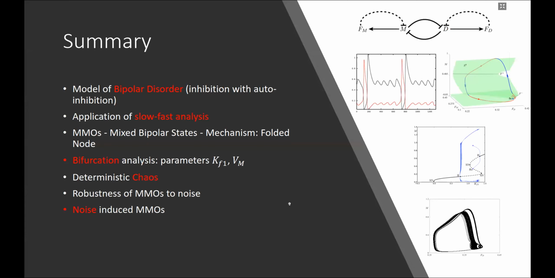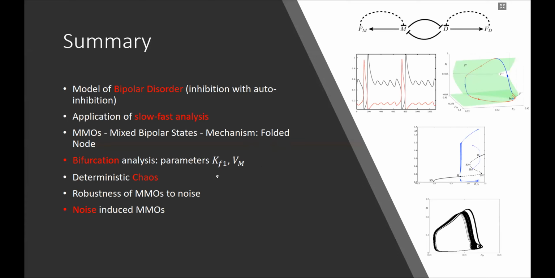And in summary, what we did is that we applied the slow fast analysis in this phenomenological model of bipolar disorder that is based on the inhibition with auto-inhibition mechanism. We uncovered the mechanism of creation of these MMOs that can be correlated to mixed affective states. We investigated how changes in the values of parameters change the regime of the system.